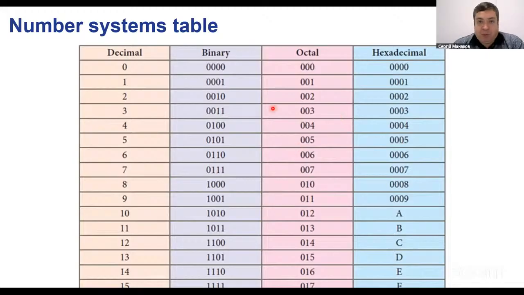Why? We can see from this table that if we write down 16 decimal numbers from 0 to 15, then the next column is its binary representation. We can notice that for storing 16 different combinations of ones and zeros, we just have to use 4 digits.